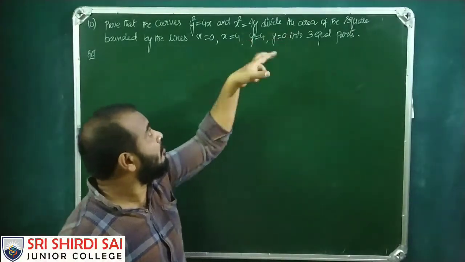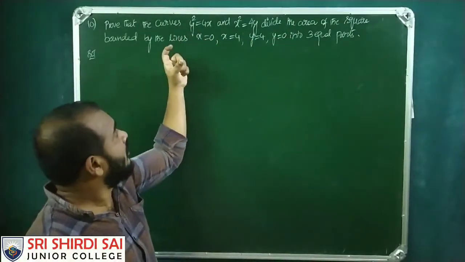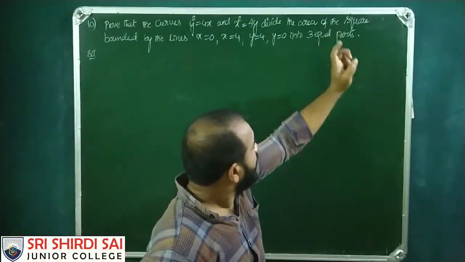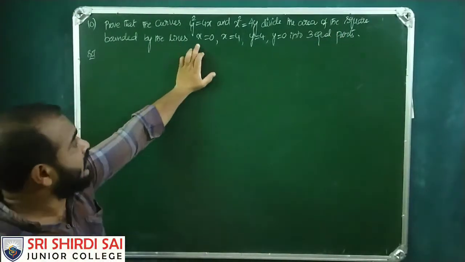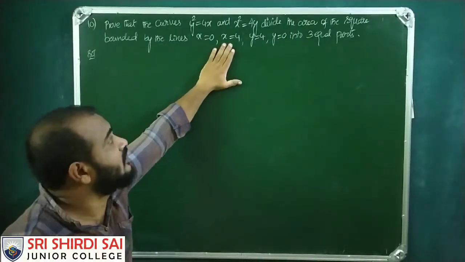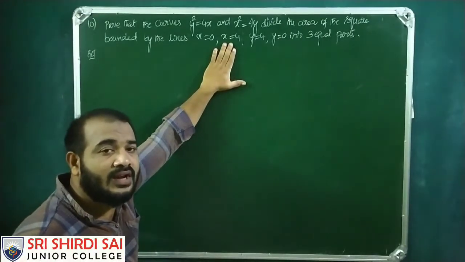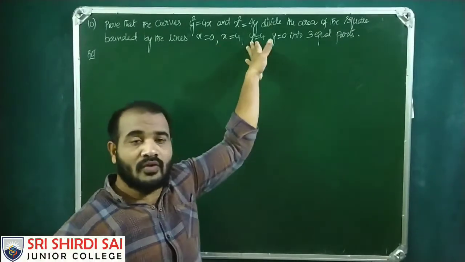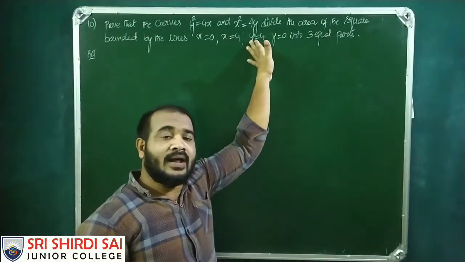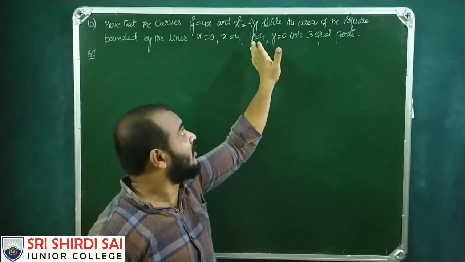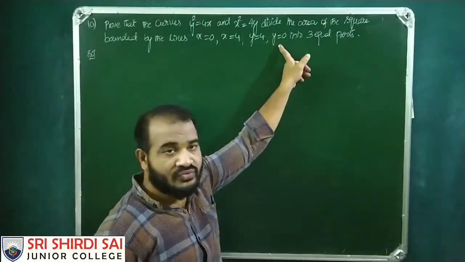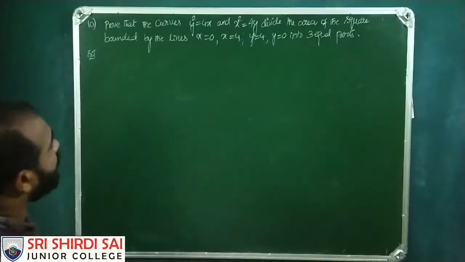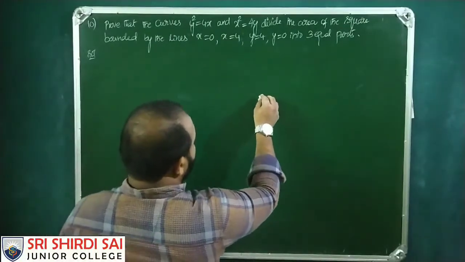This is upward parabola, this is right parabola. So square bounded by x equals to 0 is y axis, x equals to 4 is the line which is vertical, which is parallel to y-axis, which is a vertical line. Y equals to 4, which is parallel to x-axis, a horizontal line, and y equals to 0, x-axis, into 3 equal parts. So first of all, x equals to 4.